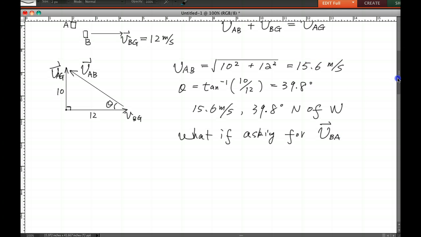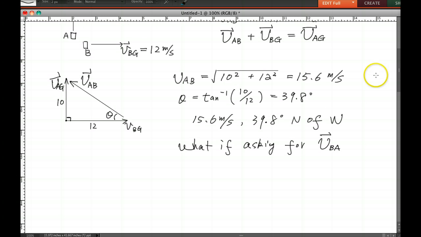The original question is asking for A relative to B, right here, A to B. Now it's B to A. Now can you write the answer right away? So what is the answer? VBA. How much is this? Do you have to go through all the calculation to tell? Can we borrow some number from this calculation?